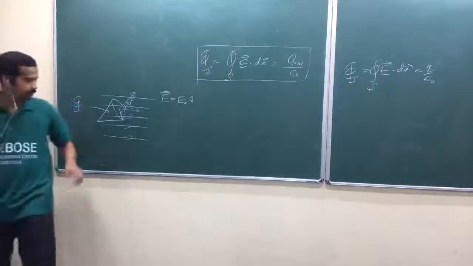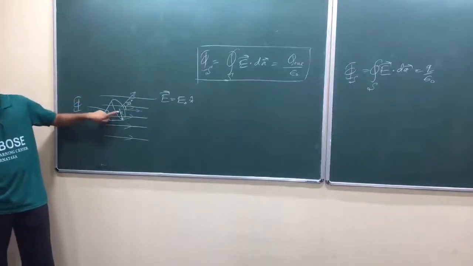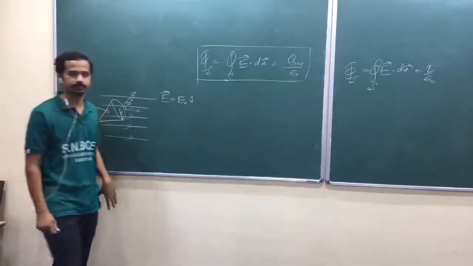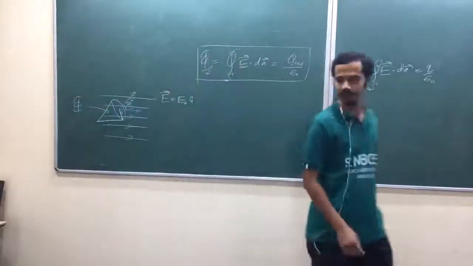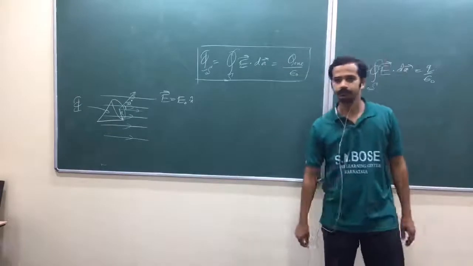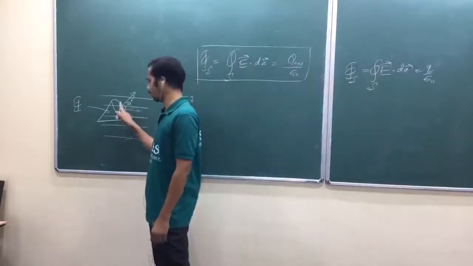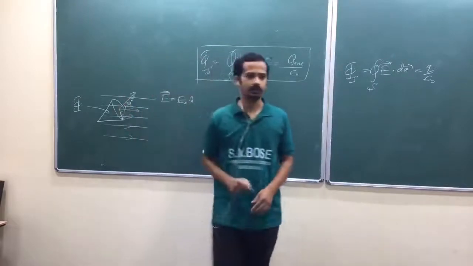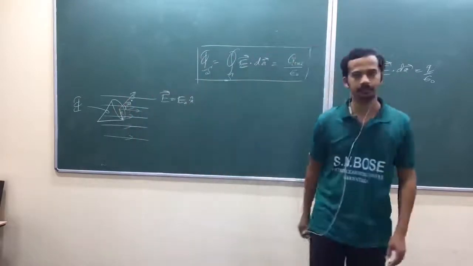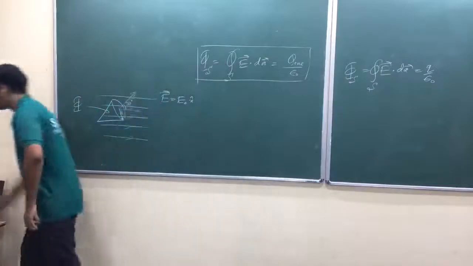I have given this radius of the base of the cone. Electric field is E naught into x cap, and the angle between the area vector of this base and the electric field is 30 degrees.